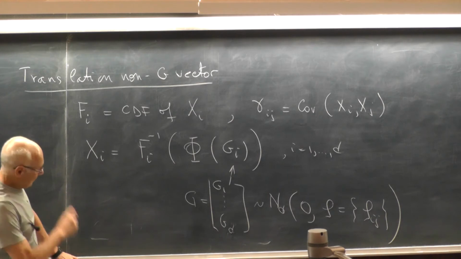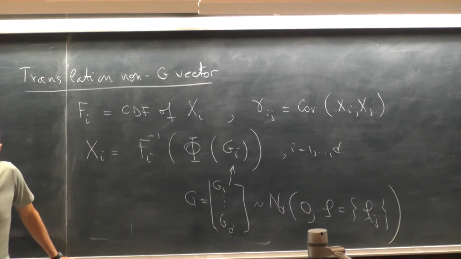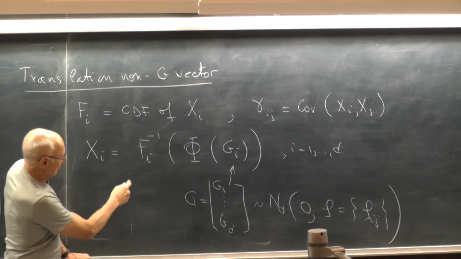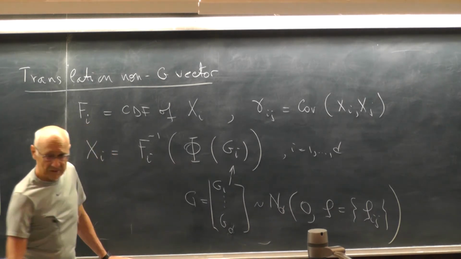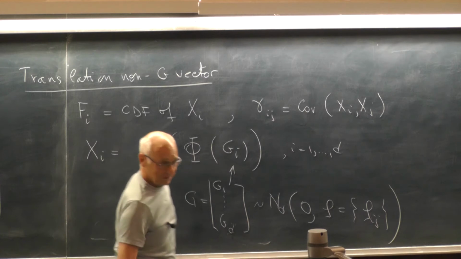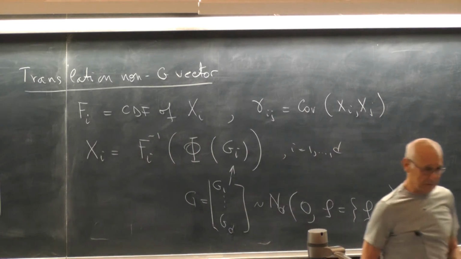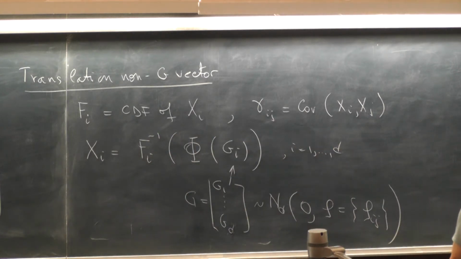But the marginals are the target, this is what I want to have. And what I'm doing here, I'm representing each component by this formula: target CDF inverse, CDF of the standard Gaussian, and this is a Gaussian vector, for which I say I want to have 0 mean, unit variance, and some correlation functions, or covariance matrices, which I didn't define yet.